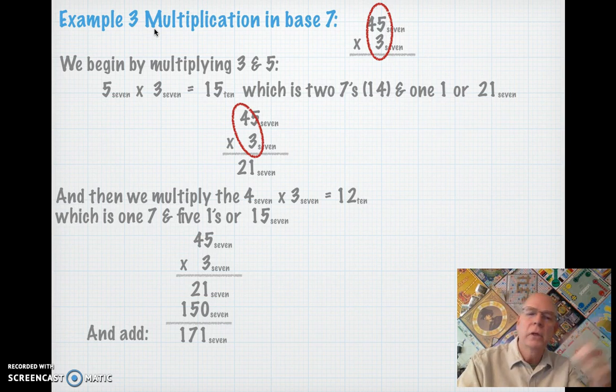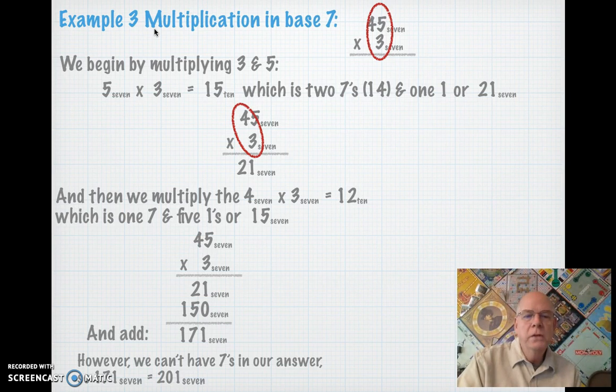We essentially have to carry that over into the next column, gives us 1 more in the next column, and brings that middle column to a 0 because it's just an even 7. So that 171 becomes a 201 because that 7 in the middle converts over to the next column. Again, you got to remember all this in base 10 and compare it to that in the same process.